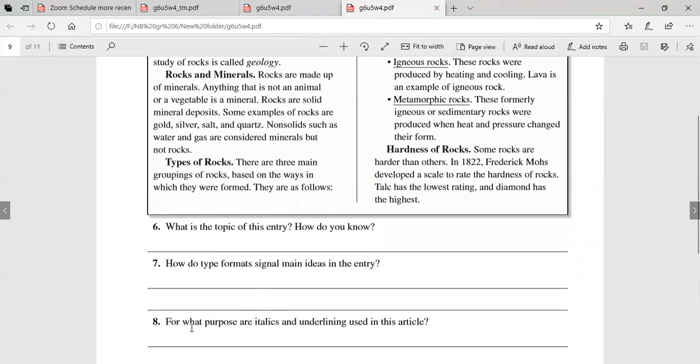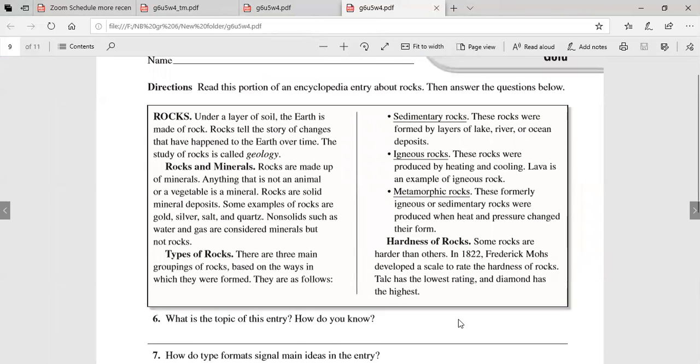So you can see here we're talking about, for what purpose are italics and underlining used in this article? Underlining. Italics. What is italic? Geology. For what purpose? It's that we have to make important terms stand out, important expressions stand out.